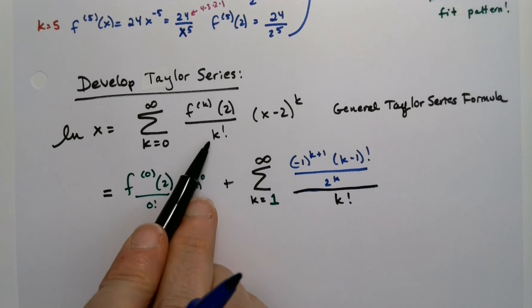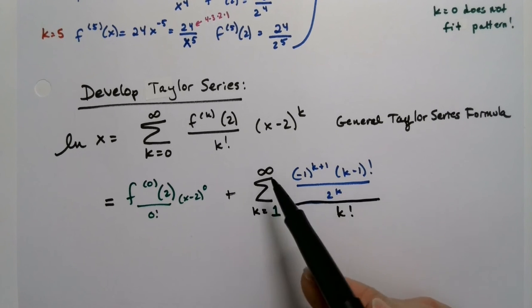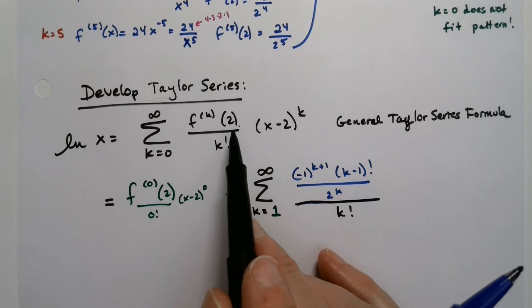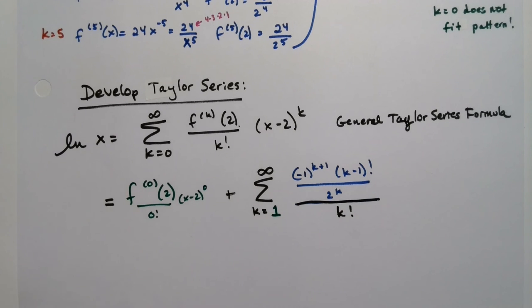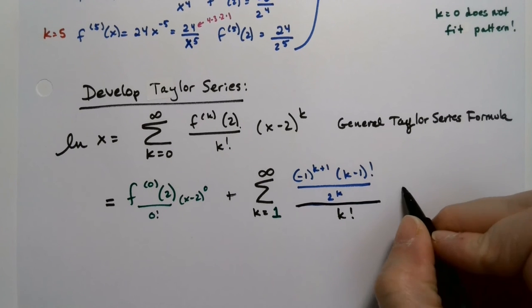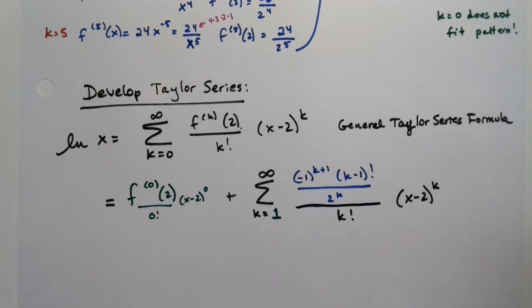Right, there's that k factorial right there. So here's the pattern we developed for f^(k), or the kth derivative of f at 2. And then we multiply the whole thing by x minus 2 to the k.